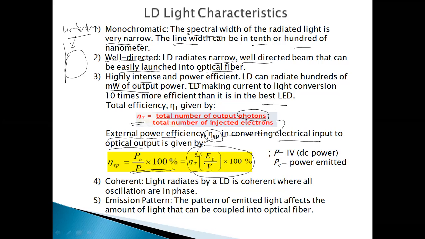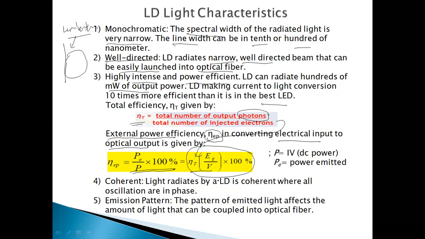As such, for the laser diode the light is coherent, so the light oscillations are in phase, and this is basically due to the stimulated emission. So we have agreed that the coherency of a laser diode is ultimately due to the stimulated emission.